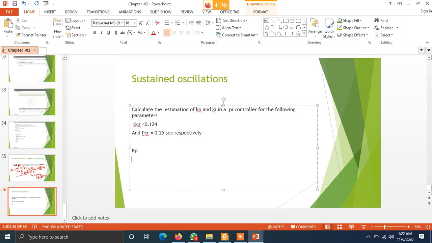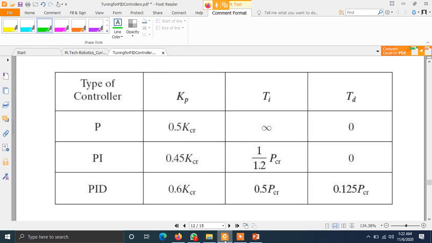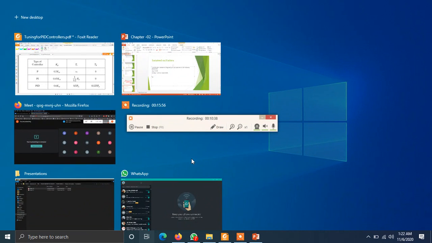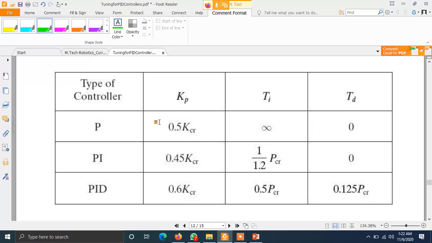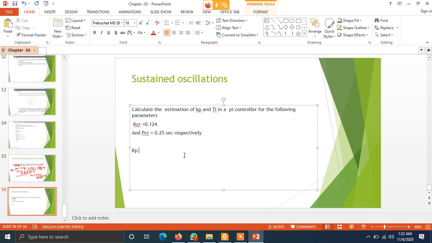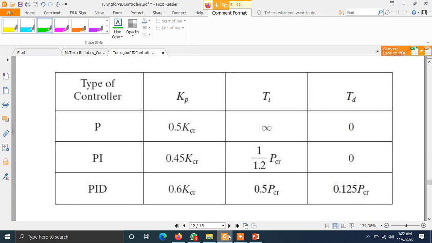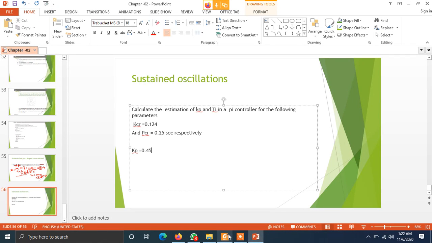Consider this as Ti instead of Kp. How will you calculate Kp in case of a PI controller? It is 0.45 times Kcr, which is equal to 0.45 into how much?